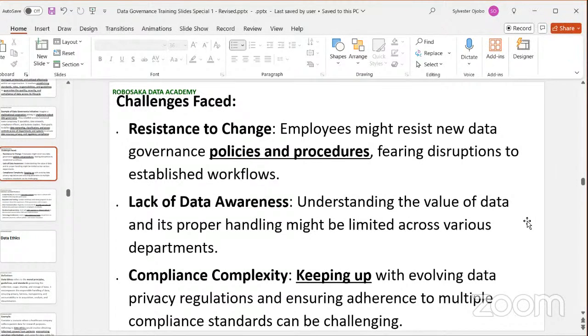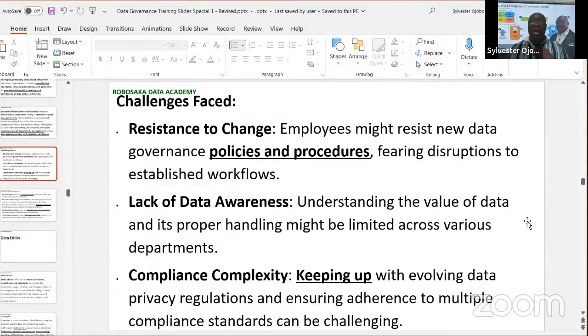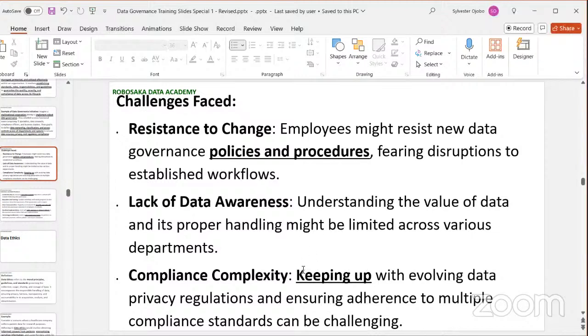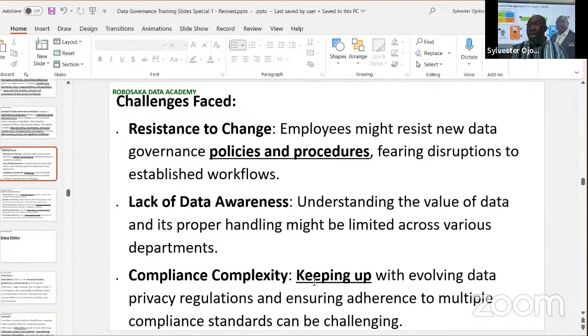Keep yourself updated with recent changes in the policies. I've told you the other time that even updating is the best practice as well. Anywhere you talk about keeping up, make sure you talk about updating, attending workshops, getting new information.